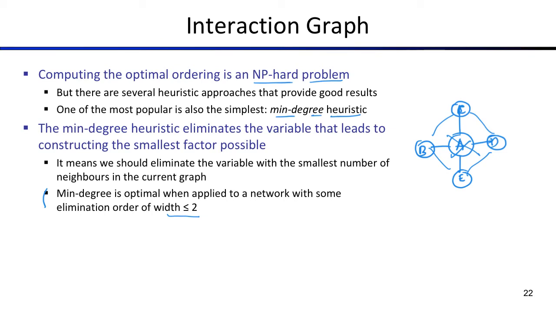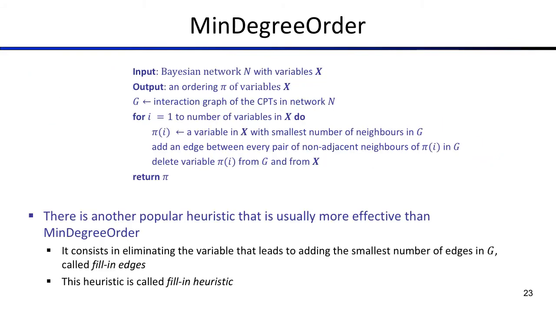So let's take a look at the algorithm so we can formalize this idea a little bit better. This is the algorithm for computing an elimination order based on the min degree heuristic. So we call it the min degree order algorithm. We take as input a Bayesian network N with the variables X, so X is going to be a set of variables. We return an ordering pi of those variables in X. So we start with the interaction graph that we created from the Bayesian network.